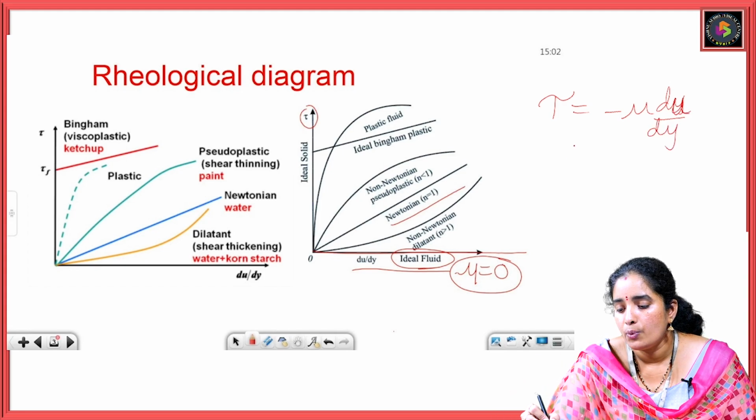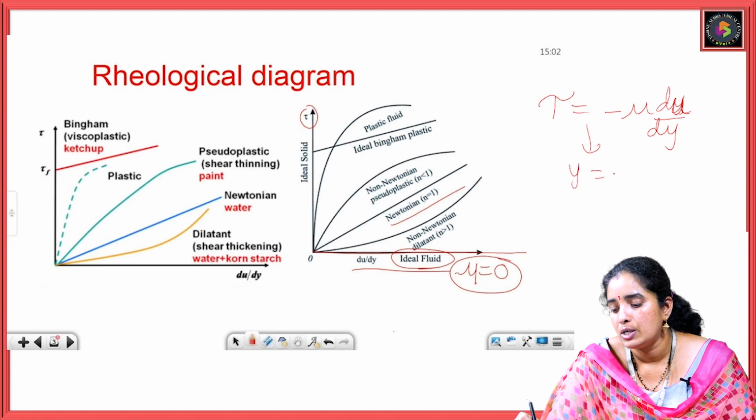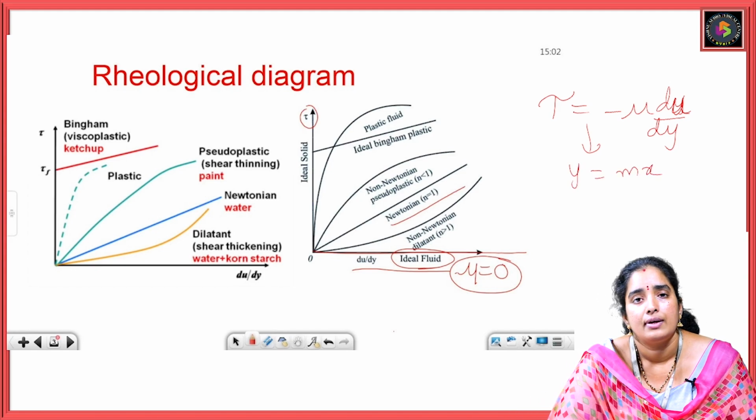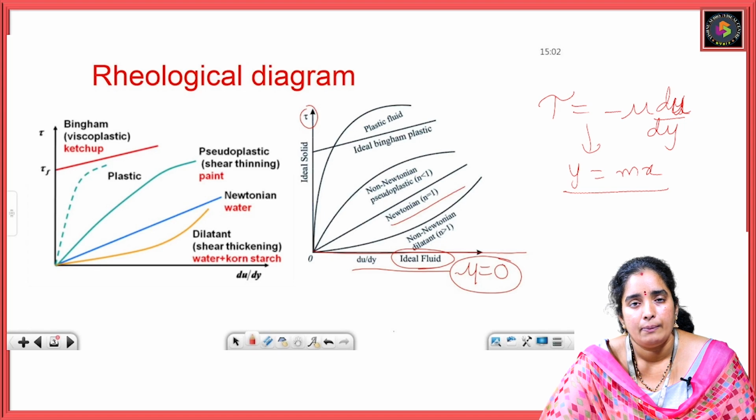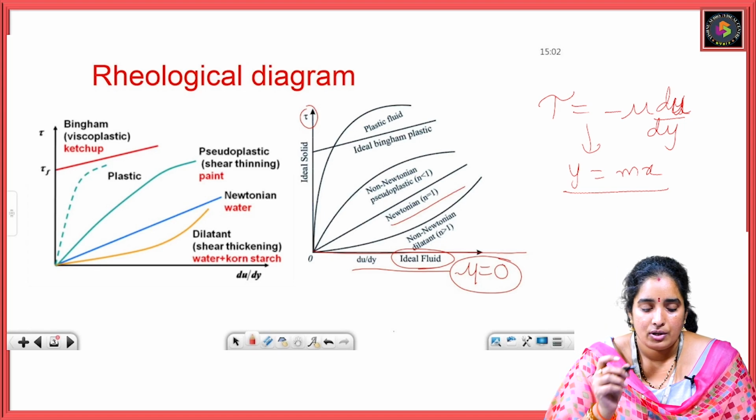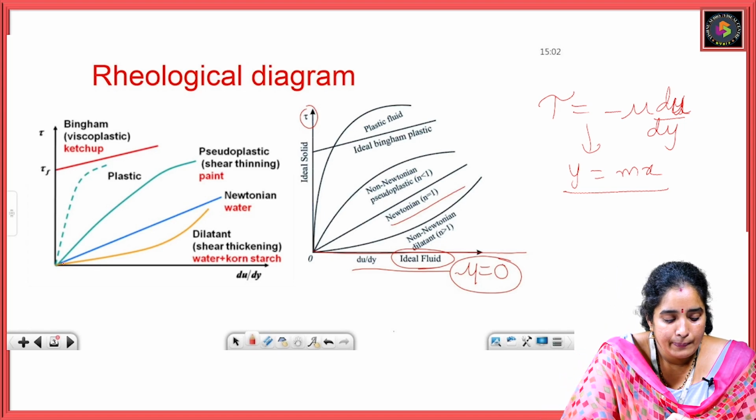If you observe this equation, it is in the form y is equal to mx, which is a straight line equation passing through the origin, right? Observe the blue line.